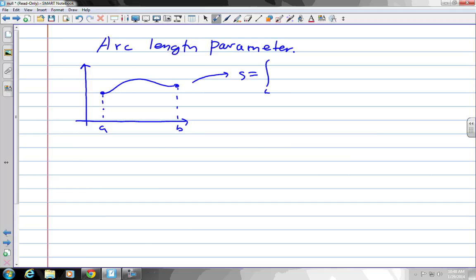The formula from Monday's class was just the square root of 1 plus the derivative of f of x squared dx. And so just the way the formula is written, it doesn't matter whether f is positive or negative, it's going to come out positive, from a to b. Regardless of the orientation of this graph, the answer will come out positive.